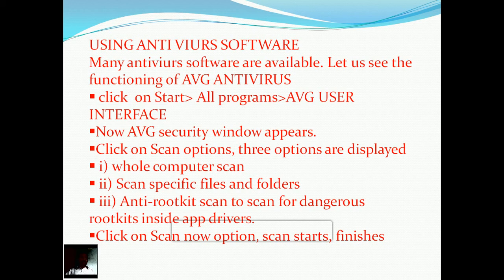To fight against this kind of rootkit virus, we have to use the anti-rootkit scan. It is for hidden dangerous viruses found in the computer, available when we purchase new applications or programs, or when you download application programs or any other drivers.